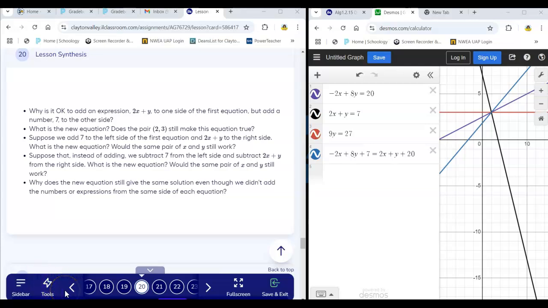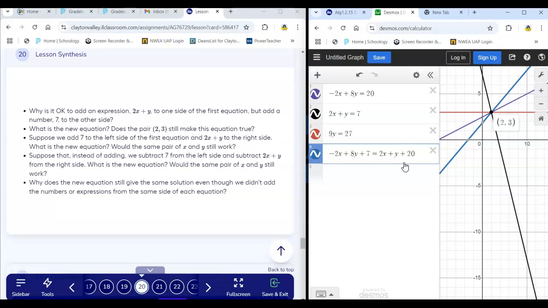So let's finish this up. Here's your first equation that they gave you. Here's the second equation that they gave you, the black line. You can see that the solution is 2 and 3. Here, this red line is when you added the two equations together. The new equation, look at that, runs right through that point. And here's what happens when we did it backwards.